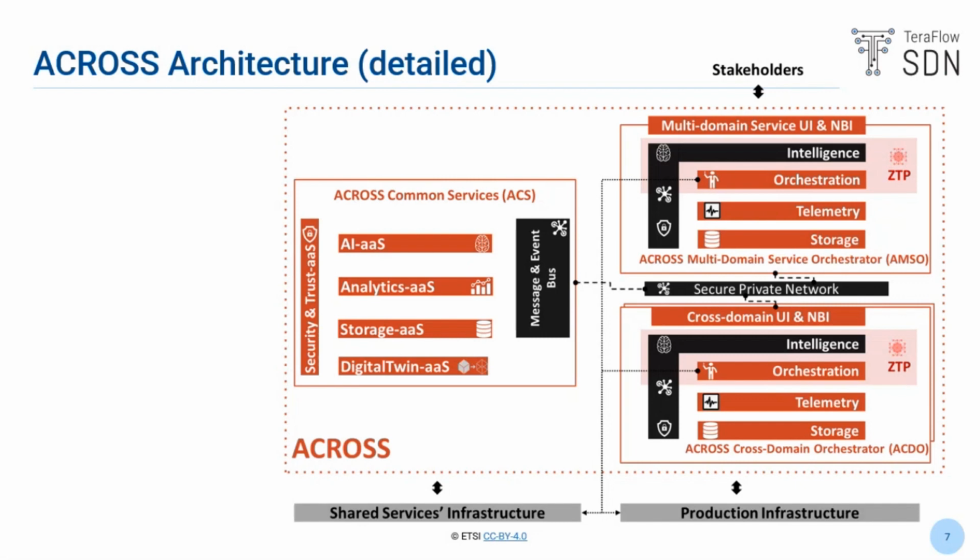That means the different components in the architecture need to have means for managing security aspects. And then we can use the common services for things that are at the different levels. So, for instance, if you want to train models, instead of doing it locally, you can upload this to one of these AI as a service blocks.